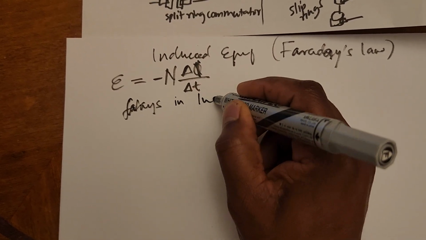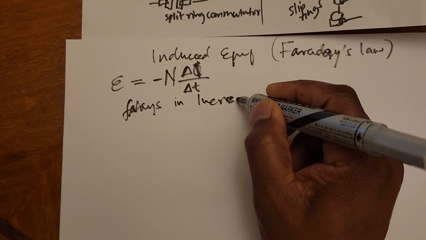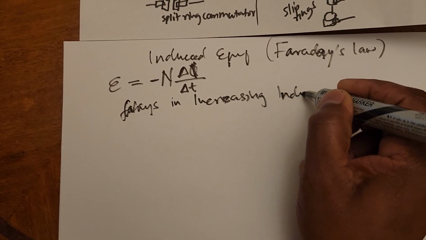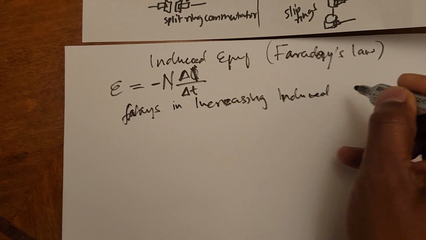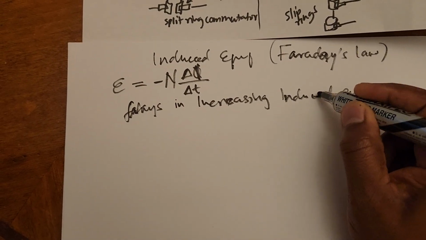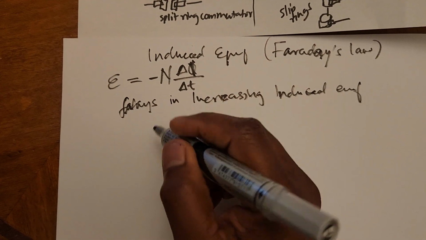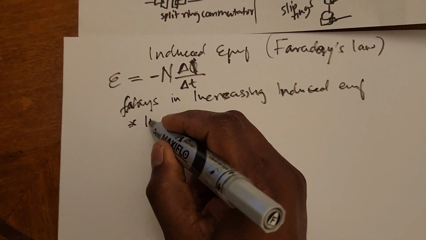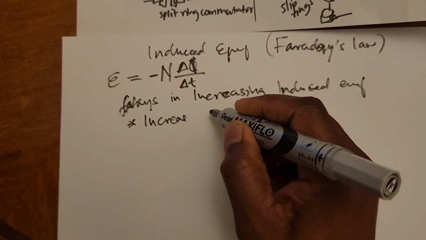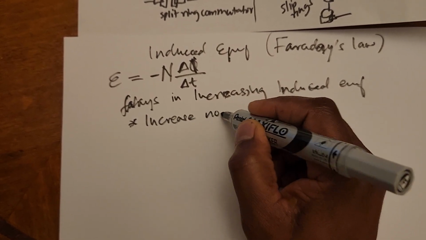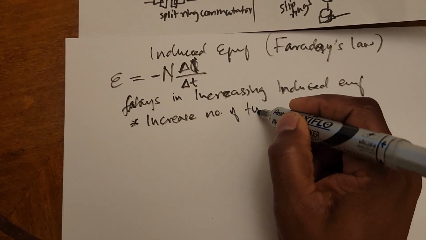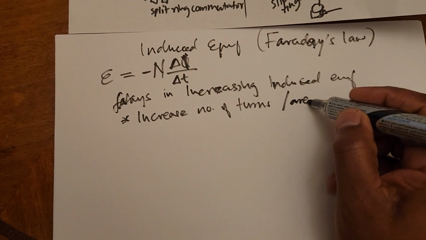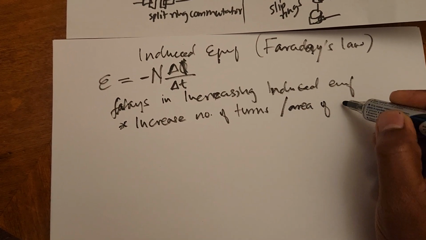Fine. So therefore, factors that affect the induced EMF, or ways of increasing, let me make it simple, ways of increasing induced EMF. One, according to the formula, we increase the number of turns, or alternatively increase the area of the coil.